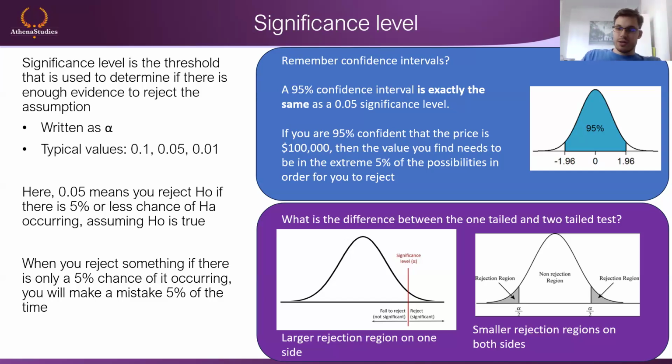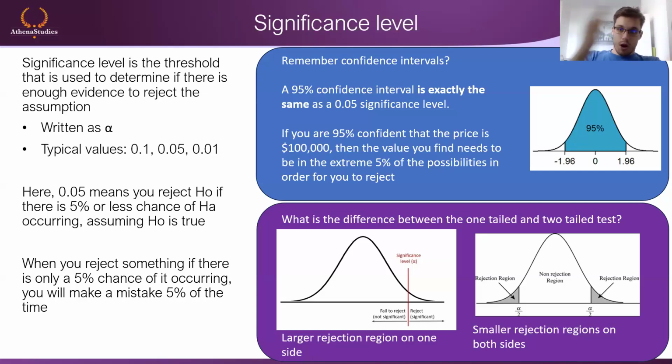If we go back to yesterday's session where we talked about confidence intervals, let's say I say the value of the price is from 101,000 to 110,000. If this confidence interval is 95%, that means I am 95% sure that the real price is between 101,000 and 110,000, right?